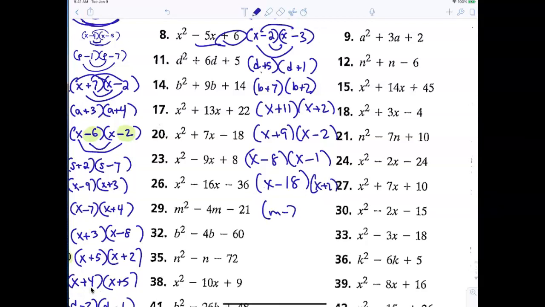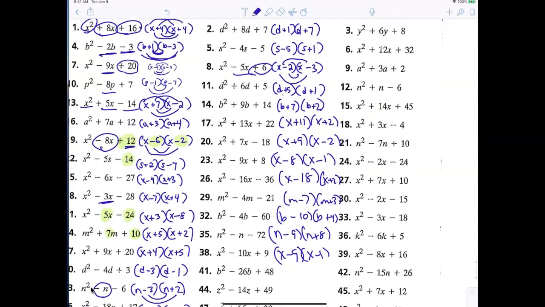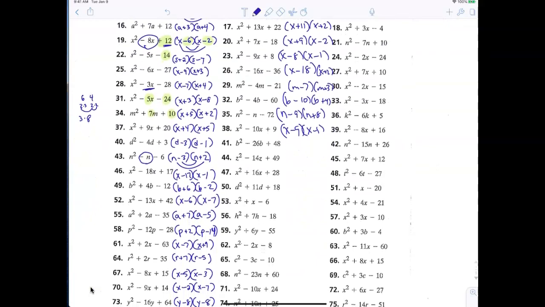M minus 7, M plus 3, B minus 10, B plus 4, N minus 9, N plus 8, X minus 9, X minus 1. It's really, really simple.